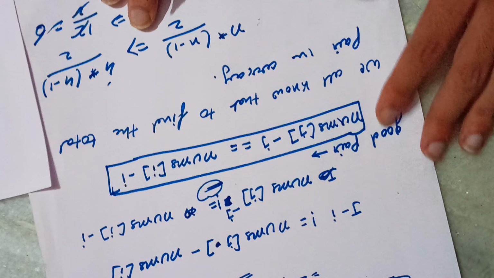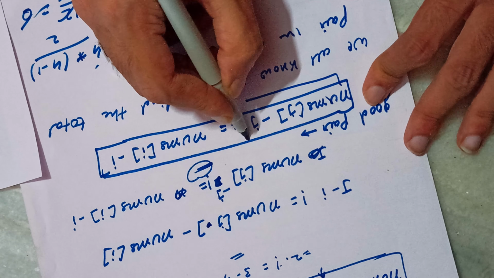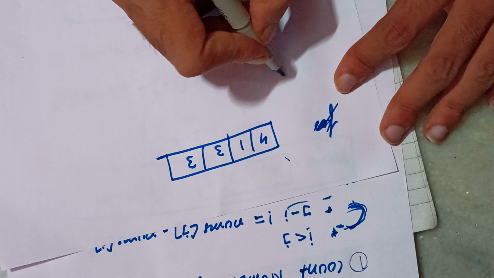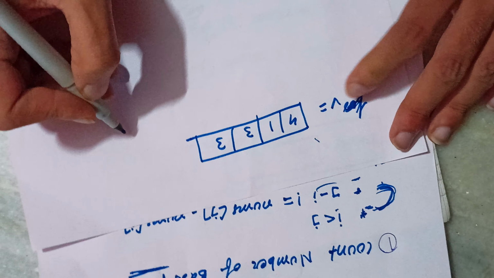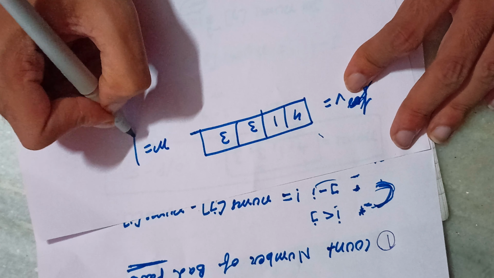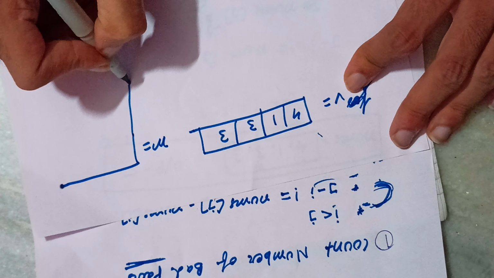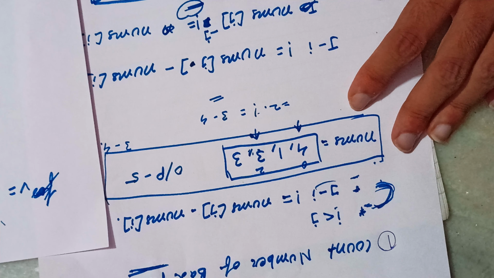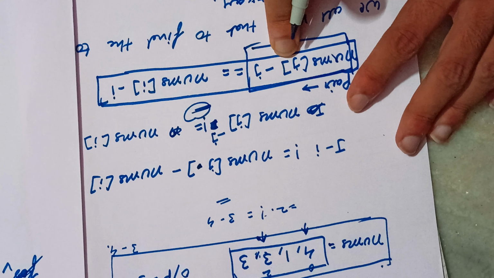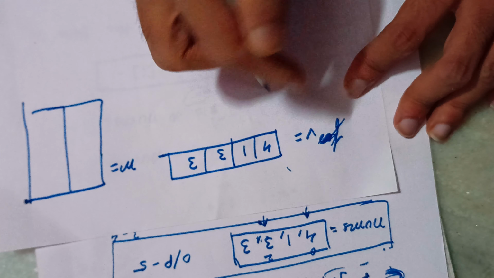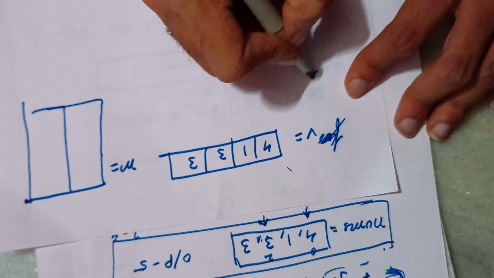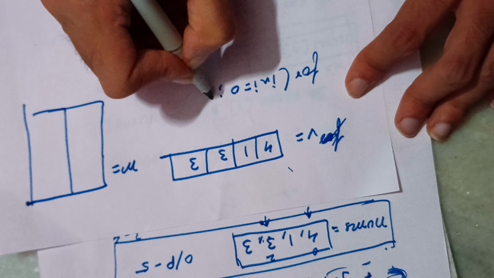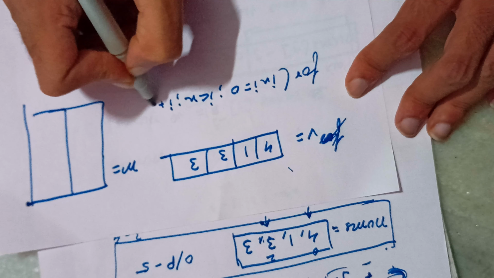To find the good pairs, we create one map in which we will store the count of these values. How we will do that is, we first run a for loop: for int i equals 0, i smaller than n, i plus plus.